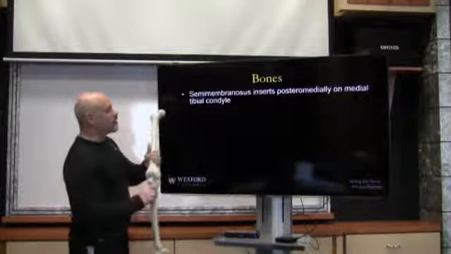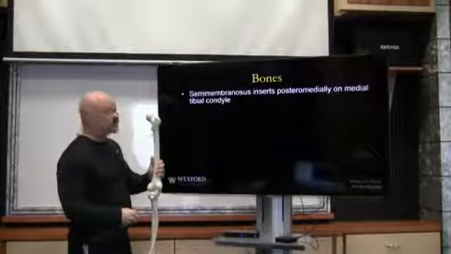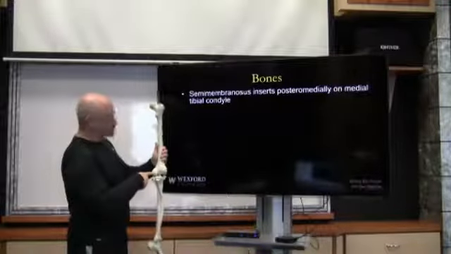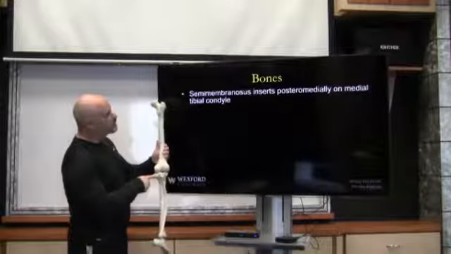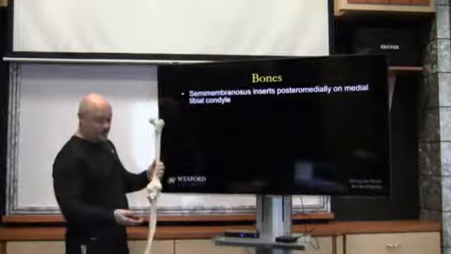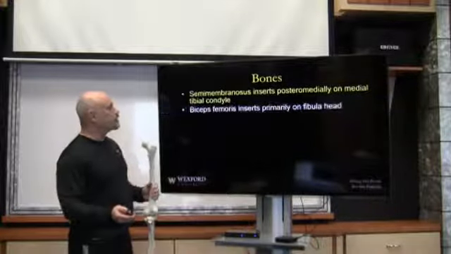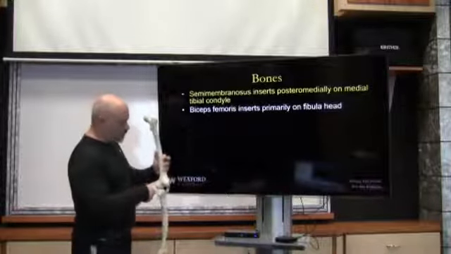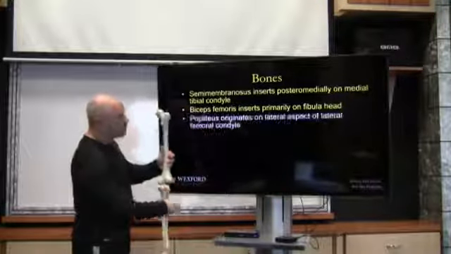Now the semimembranosus, which is part of the hamstring, inserts posteriorly on the medial side, on the medial tibial condyle. The biceps femoris, which is part of the hamstrings as well, inserts primarily on the fibular head.